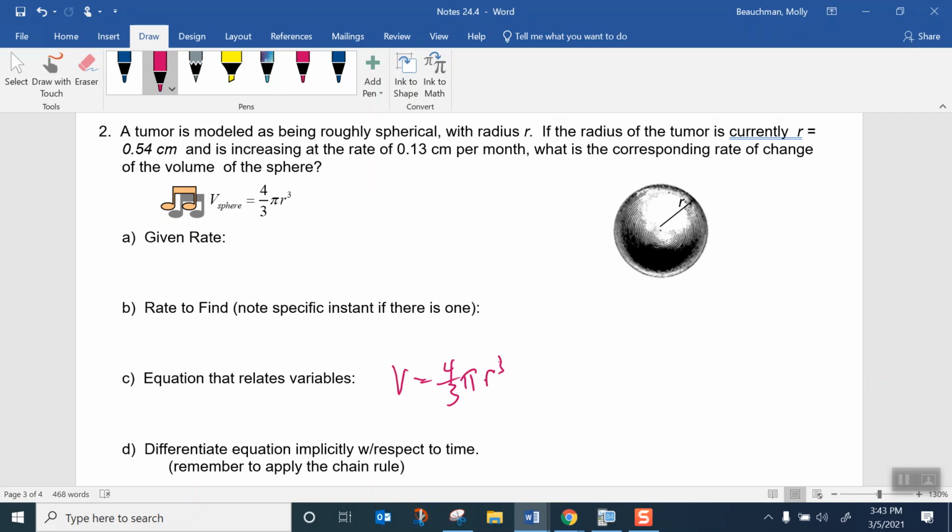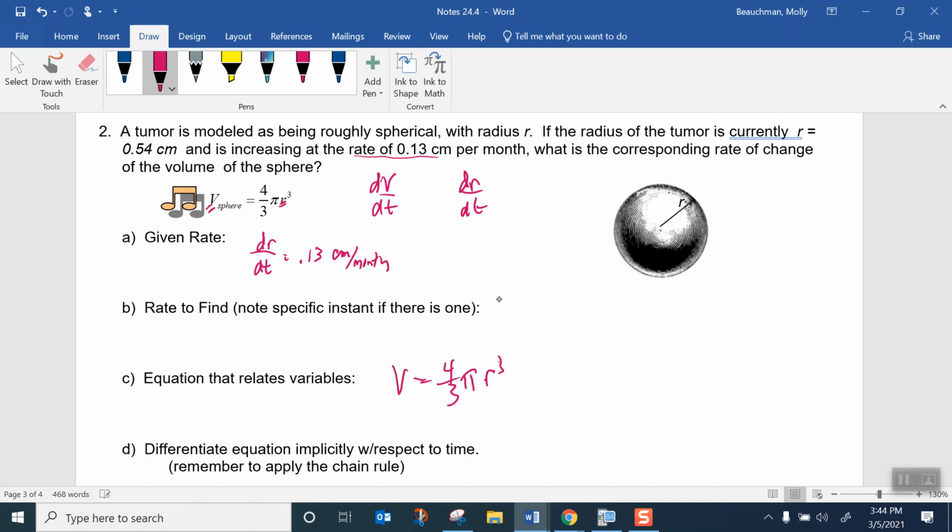So the rate that we're given, since our equation relates the volume and the radius, there are two rates. There's a rate dV dt, how fast is the volume of the tumor growing, and there's a rate dr dt, how fast is the radius of the tumor growing. We're given that the radius is increasing at a rate of 0.13 centimeters per month, so we're given dr dt equals 0.13 centimeters per month.